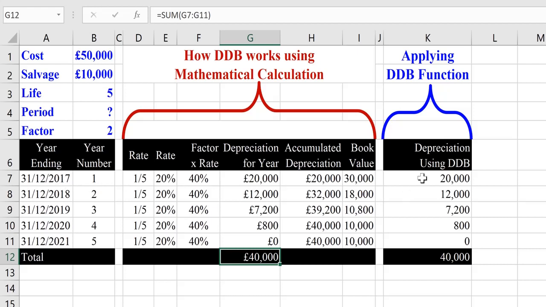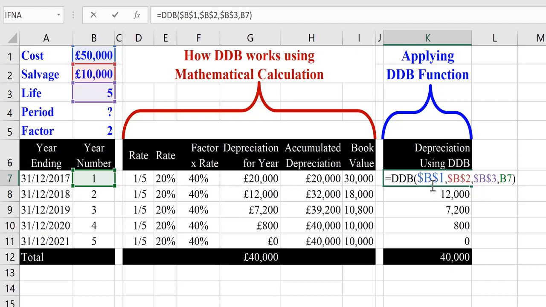Now let's move on to the DDB function. In the DDB function, the first one is cost, which is 50,000, comma, second one is salvage, which is 10,000, comma, third one is life, which is 5 years, comma, then the period. So cost, salvage and life have been made absolute, whereas for B7, the number of the year, for the first year we can put here a figure 1.